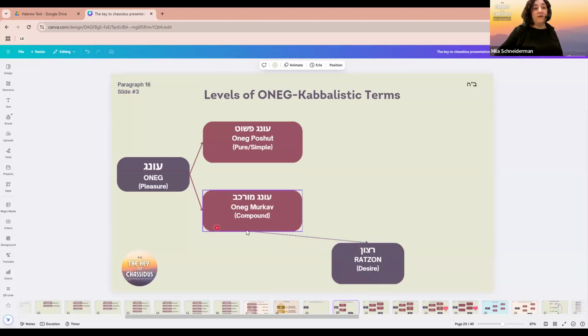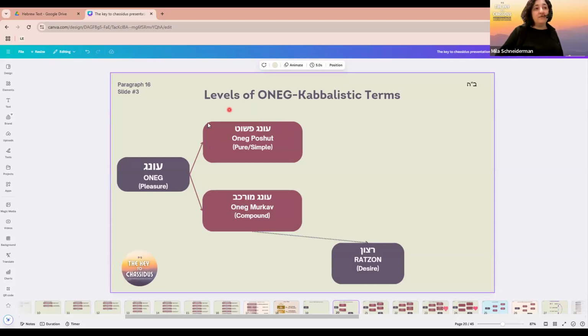That's already Oneg Murkav, a compound Oneg. So now we're going to be focusing on this Oneg Pashut. It's this plain Oneg, me within myself. It's nobody else yet. I'm not stepping out of myself, not stepping out of my essence. It's my experience of my essence.